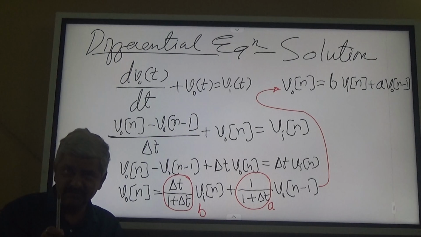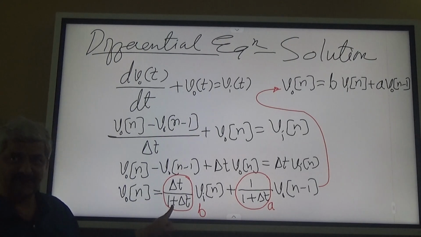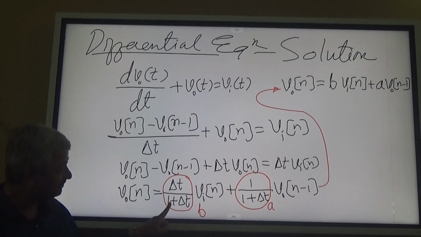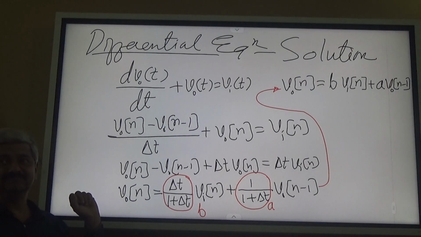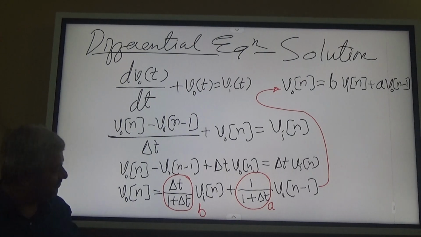Current input is known, that constant we have defined, and what should happen with the constant? It's very clear that as delta t tends to 0, it will tend to 1, right? It's okay. But it is not 0.